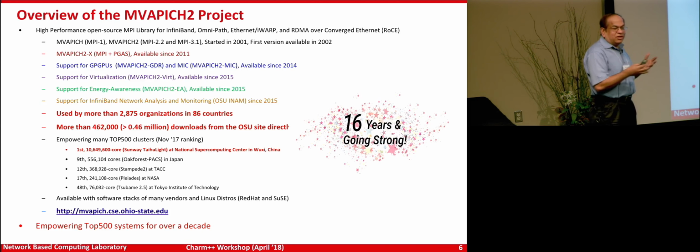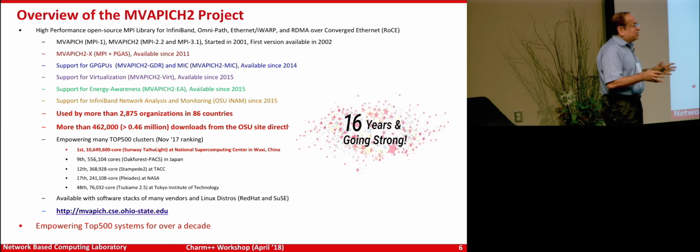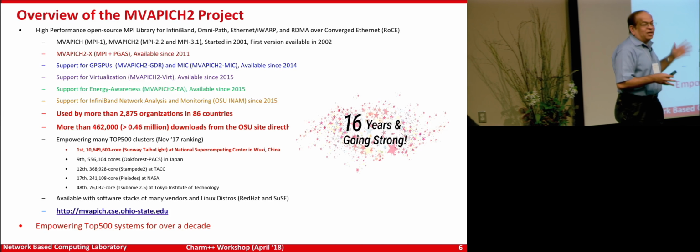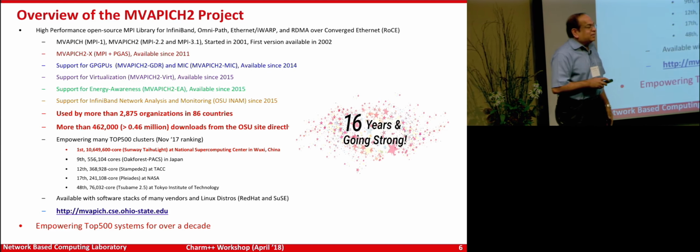We were mostly doing research. But once it was InfiniBand, the first open source MPI for InfiniBand was introduced at Supercomputing 2002. Those of you might remember, nobody knew that, wow, there is something called InfiniBand and MPI can run on top of that. That was almost 16 years back.